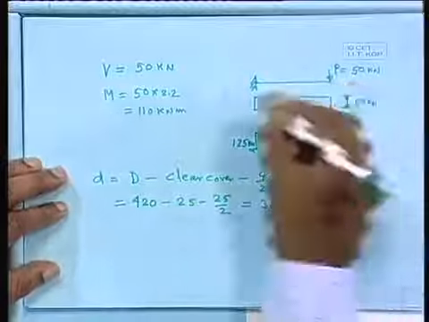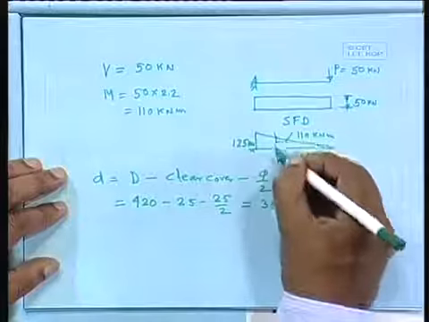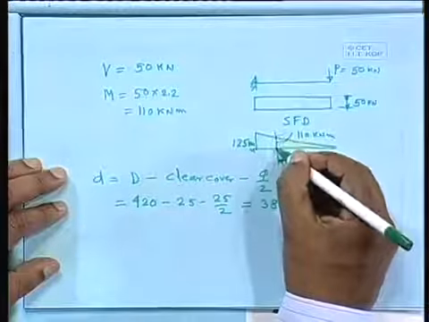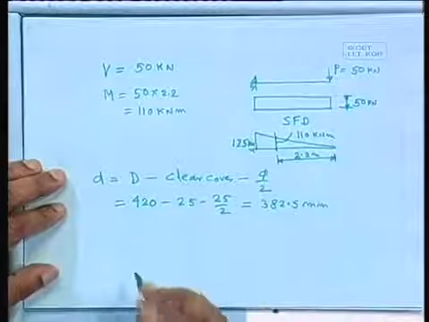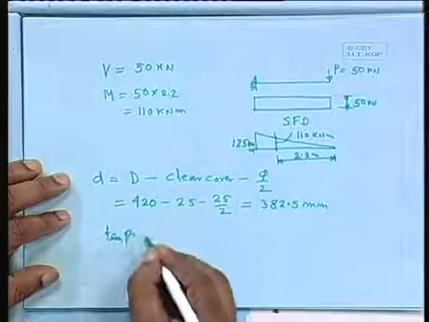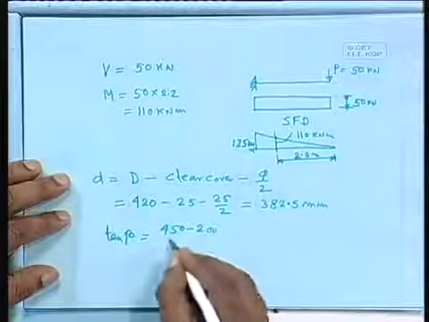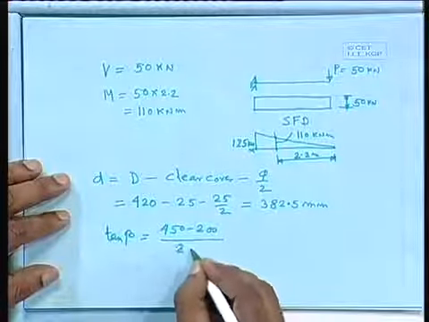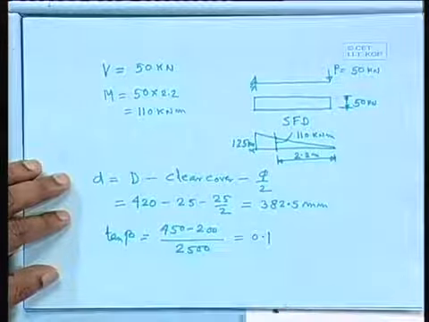we can get 200 on one side and on the other side we are getting 450. So we have to find out that overall depth D, which is coming as 420 at that particular section. What about tan beta? 450 minus 200 by 2500 equals 0.1.